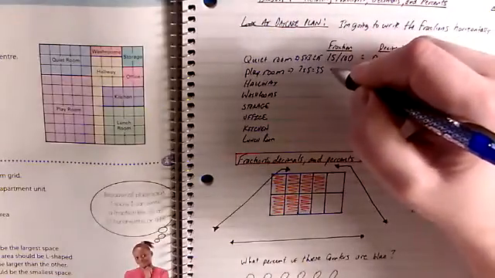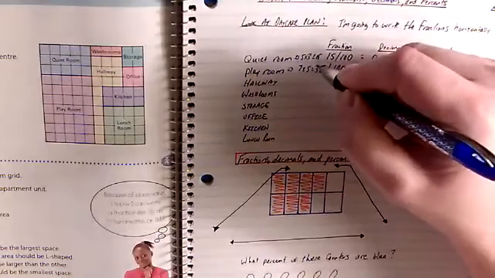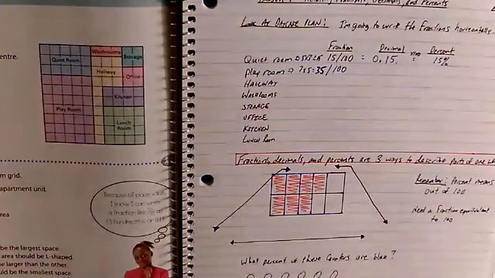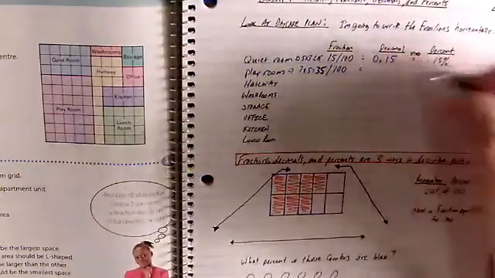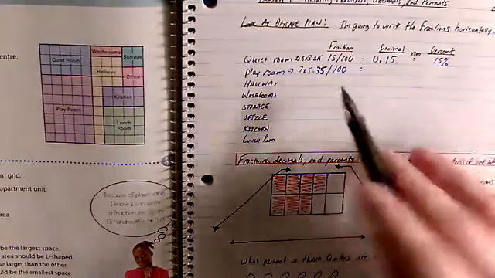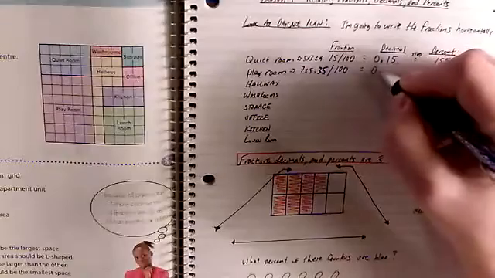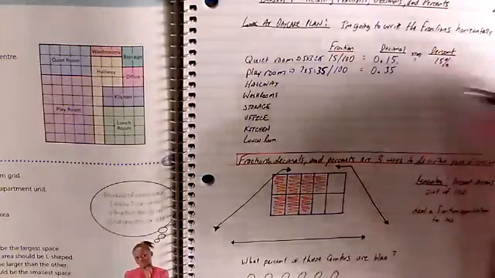So my fraction is going to be 35 out of 100. It's taking up 35 spaces out of the 100. If I write that as a decimal, it's basically just moving the decimal place, or if I divide by 100, I'm moving the decimal 2 places to the left, which is 0.35.